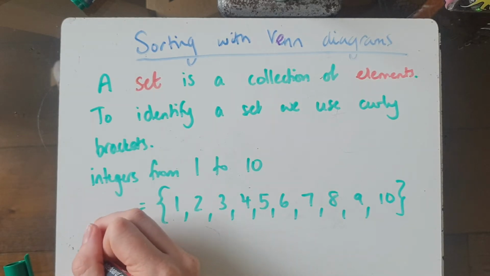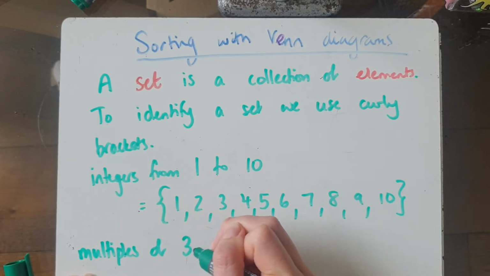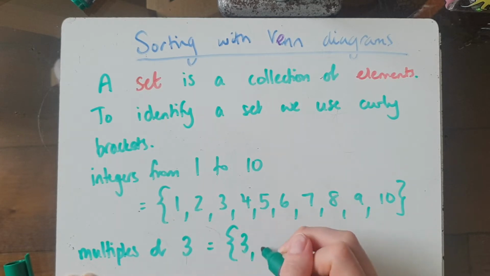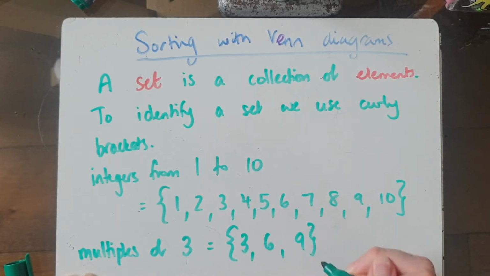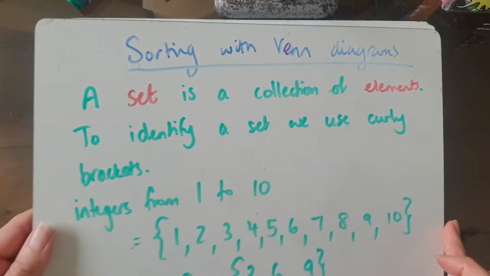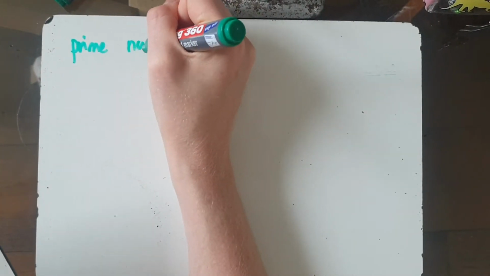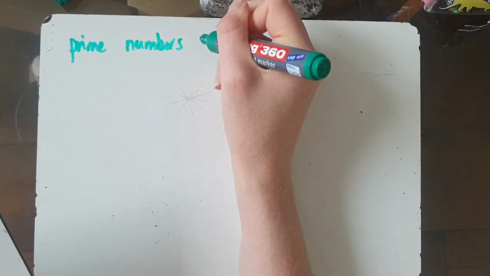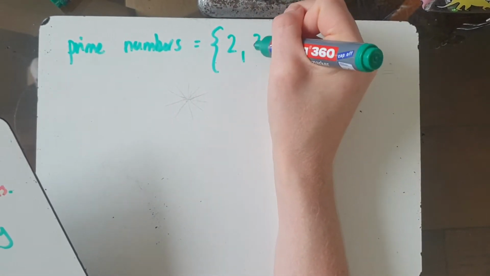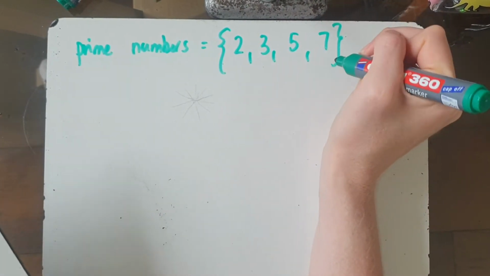So I could have multiples of 3 just from this set, and that would be 3, 6, and 9. I could also do prime numbers. And that would be 2, 3, 5, and 7.